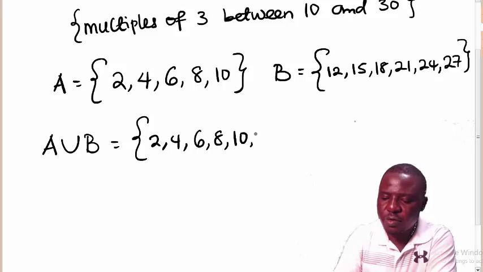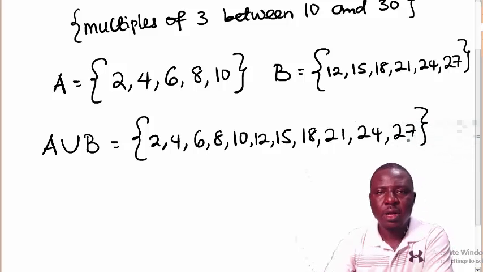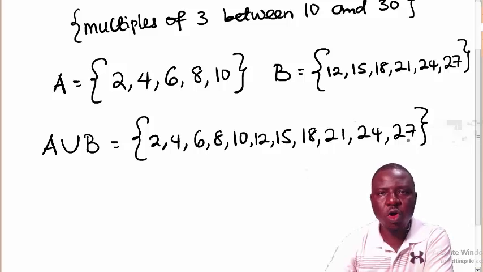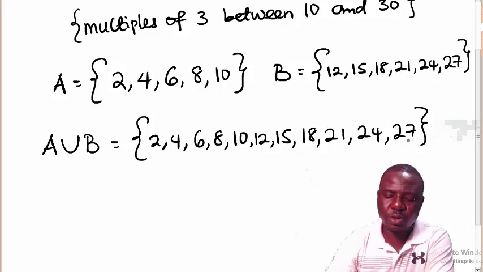Then we have 12, 15, 18, 21, 24, and 27. Remember, union simply means all elements in A and all elements in B without repetition. But as it stands, there is none that is being repeated here.